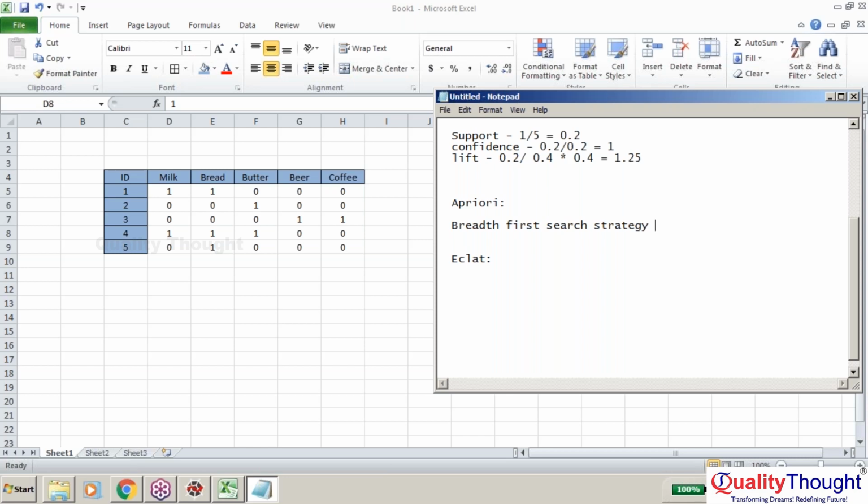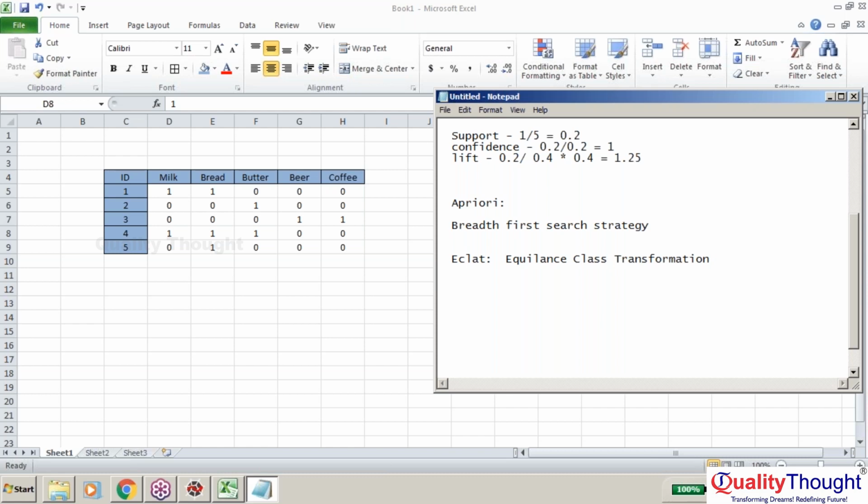Coming to eclat, eclat is generally called equivalence class transformation.